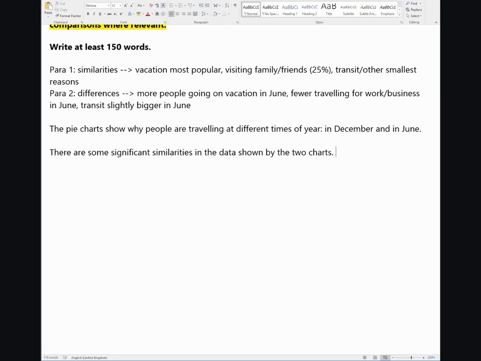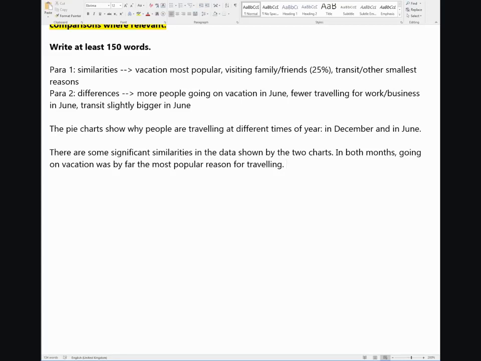Now I need to go on and add some specific ideas to this. So I'm just going to follow my plan and talk about vacation first. Okay. Now I'm not adding specific figures yet because I'm going to do that much more in paragraph 2 when I talk about differences.